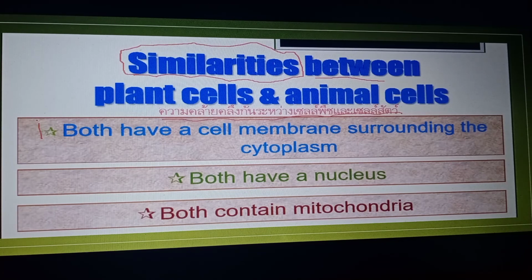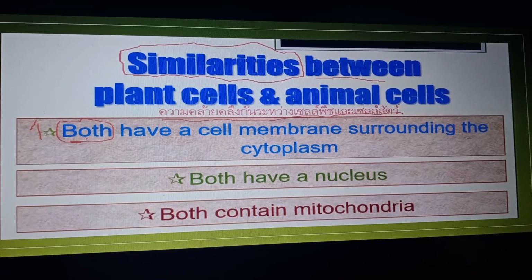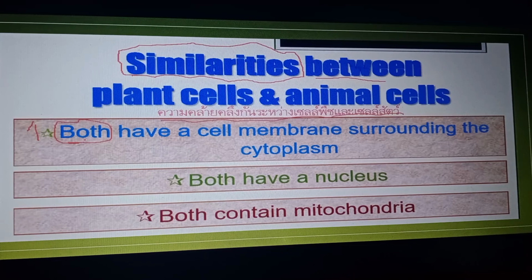Firstly, we have both. If you still remember, I had included this one in your set of vocabulary. That's why I told you to be familiar with, or memorize, the meaning of those words, because it is very useful, especially for this lesson.